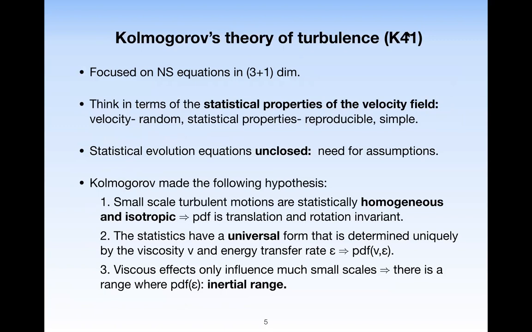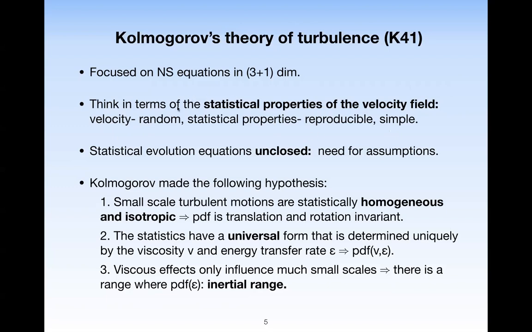And at the time he was working on this, it was clear to everyone working on turbulence that one should not think in terms of the velocity field, because the velocity field behaves in a stochastic way. Instead, one should think in terms of the statistical properties of this velocity field, like, for example, the probability distribution function, or PDF, because such statistical properties are actually reproducible and have a simple structure.